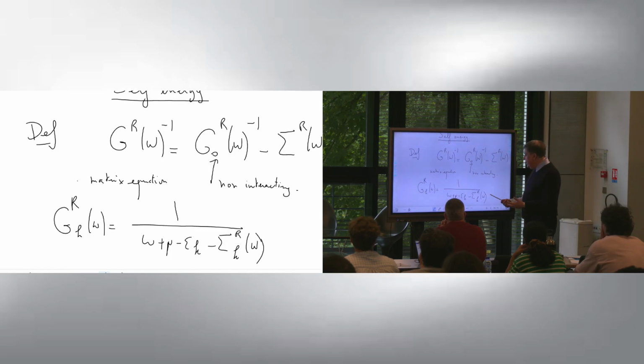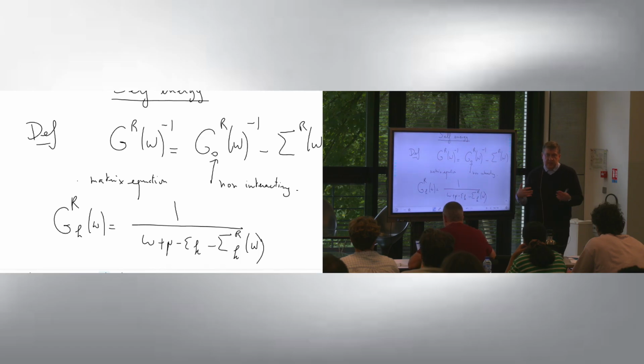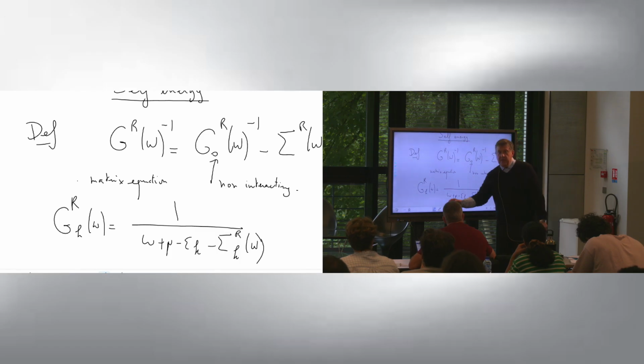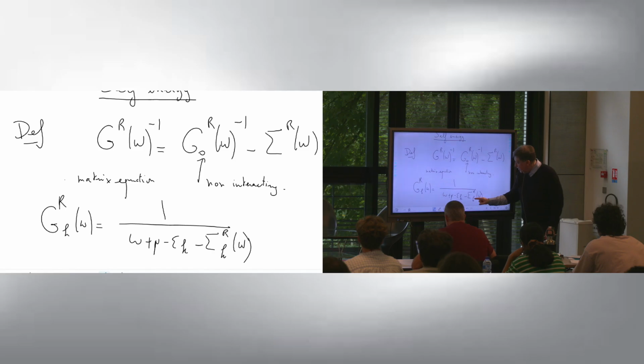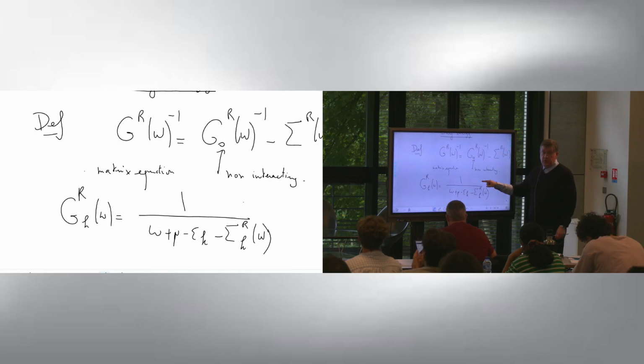The thing you should really view here is that the imaginary part is like a lifetime, and the real part is going to be renormalizing the energy. It's how far away you are from the non-interacting part, but because the non-interacting function is a delta peak, you can't approximate it easily, so you need to approximate it in this inverse form.